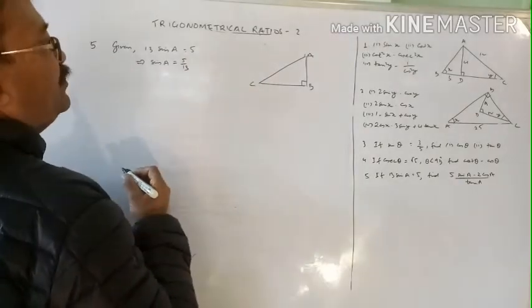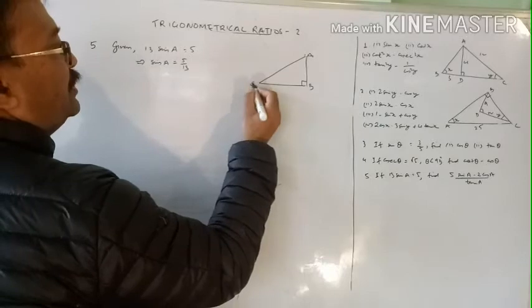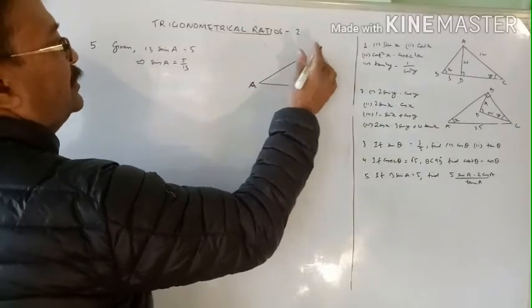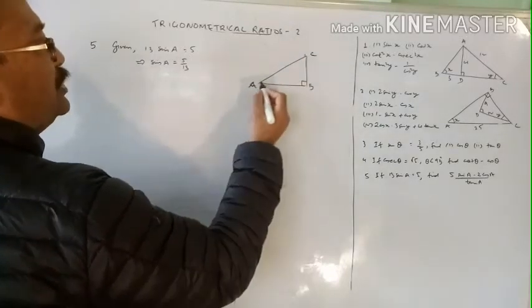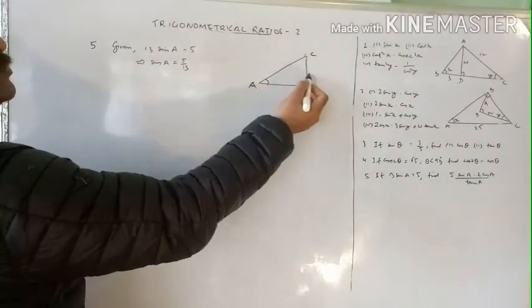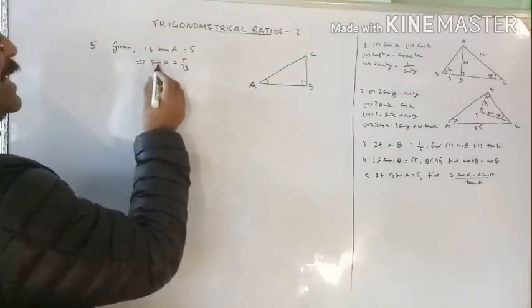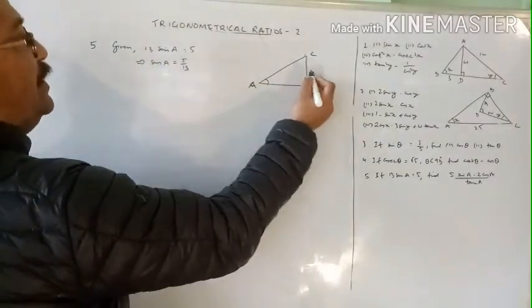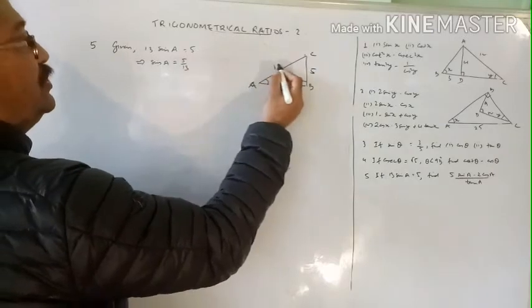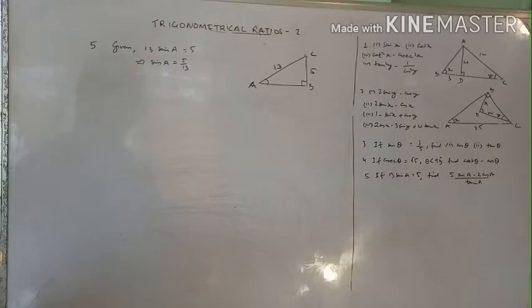Since angle A is given, it's better to take A here and C here for convenience. So the angle of reference will be A. It will be easy for us to identify that this is perpendicular, this is hypotenuse, this is base. So sin is P by H, 5 by 13. Now we don't know AB, so we use the Pythagoras theorem.